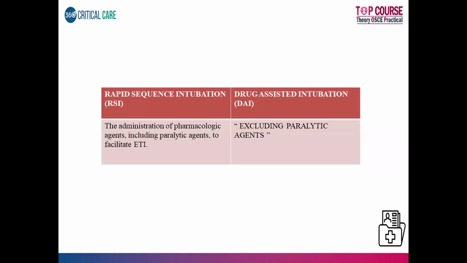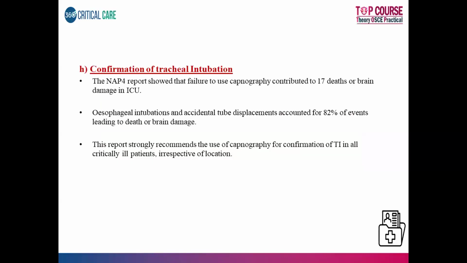But if you don't use a paralytic agent and only use your premedication like midazolam and one of the hypnotics, so basically deep sedation, that is known as drug-assisted intubation, and this is now becoming more popular in ICU settings. So if anyone asks, at least you should know the difference between these two.